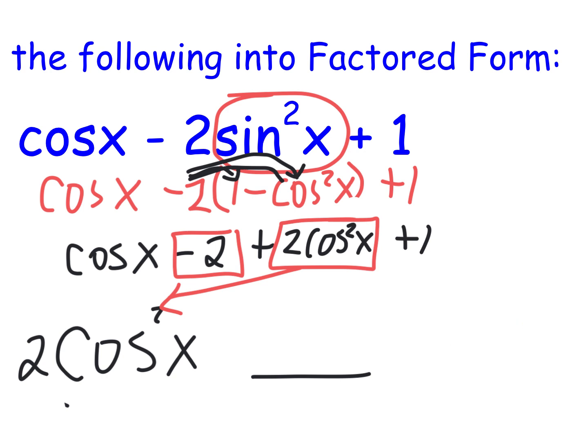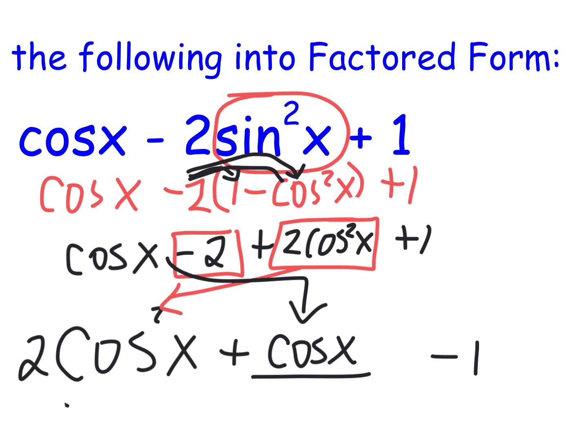What is 1 and minus 2? Negative 1. And what goes in the middle of the sandwich? That does. And that's positive cosine x. And now, after that much work, now you can start to factor it.